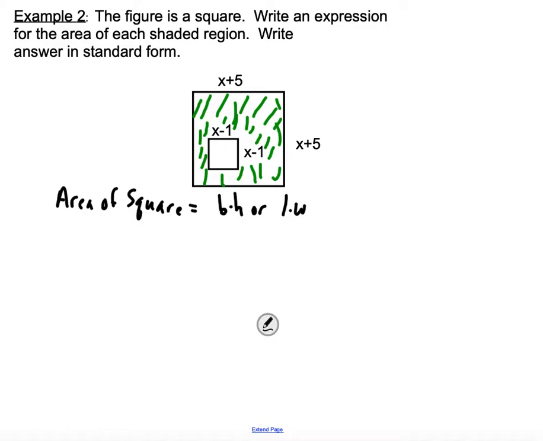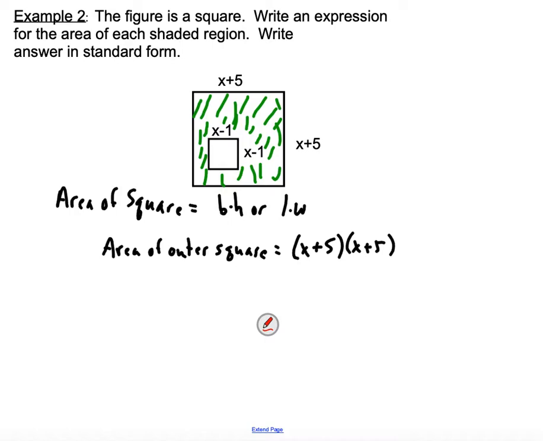So let's go ahead and find the area of that outer square there. So it's just base times height or length times width, so that's x plus 5 times x plus 5. So just like the previous problems, we're going to FOIL this out or use double distributive property.